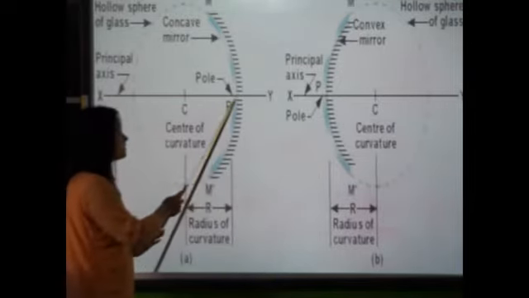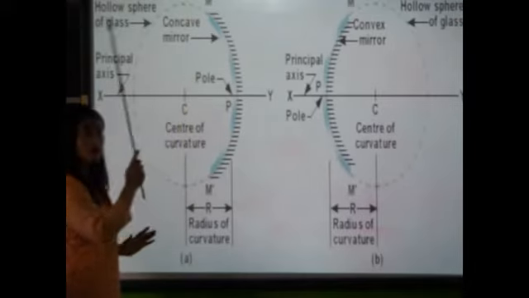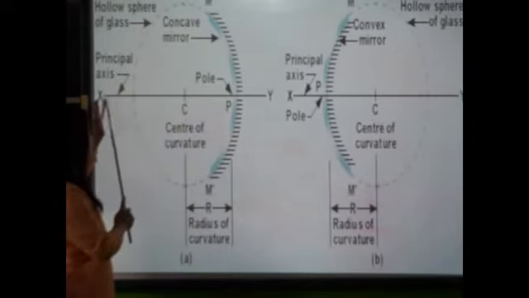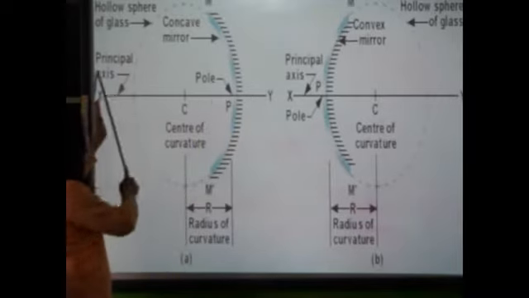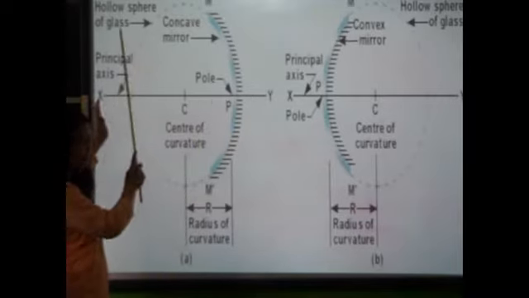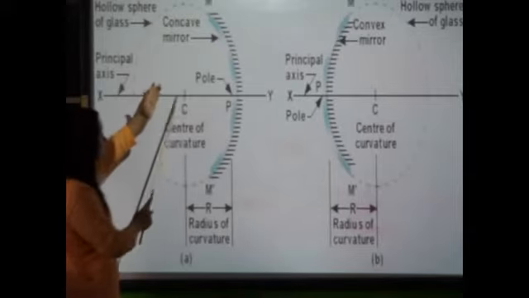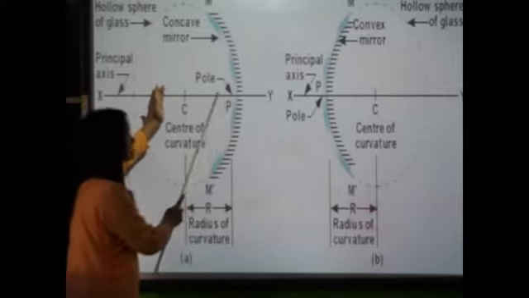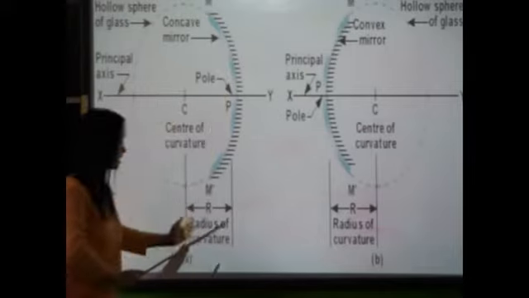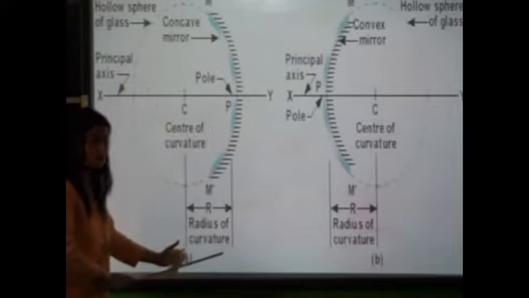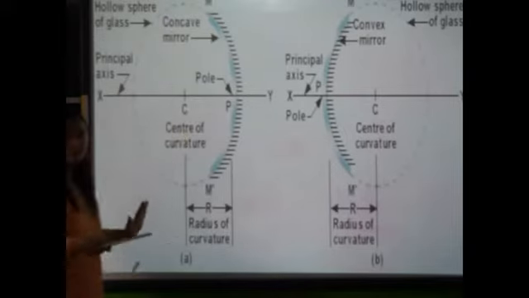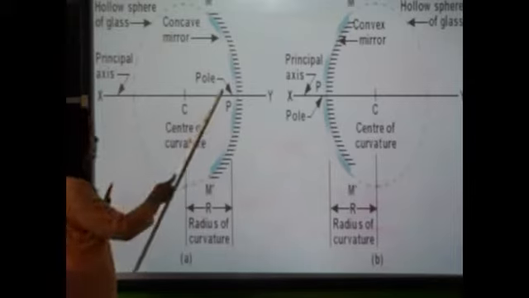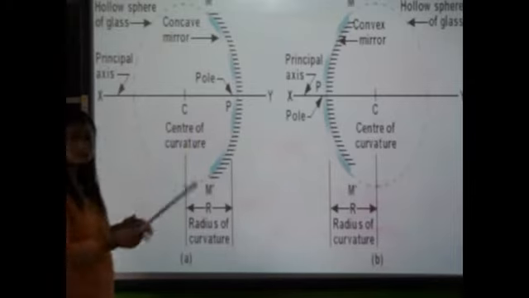The straight line which passes through the center of curvature and the pole is called the principal axis, and the distance between the center of curvature and the pole is called the radius of curvature. These are the four important terms that you need to remember: center of curvature, pole, radius of curvature, and principal axis.